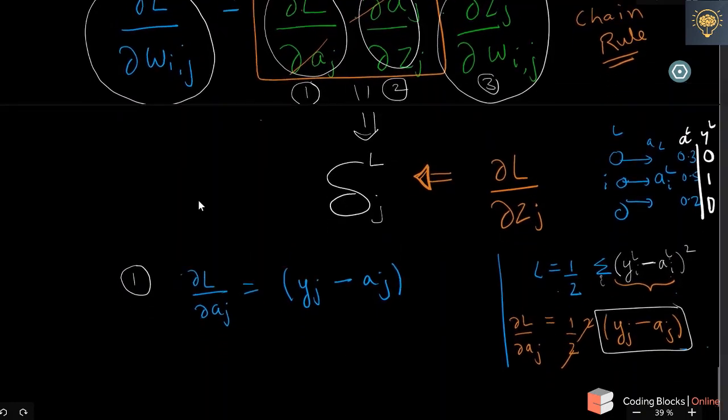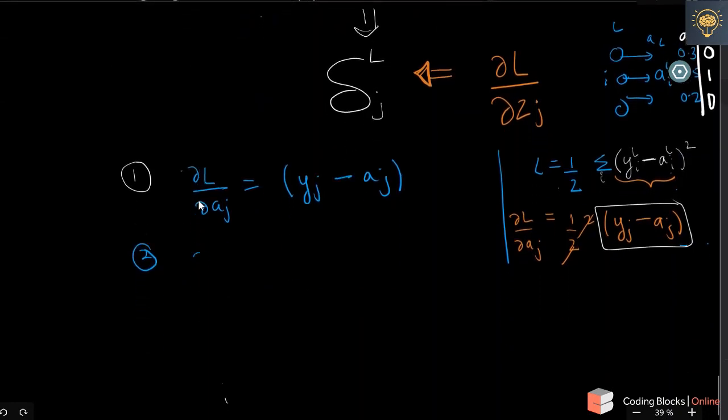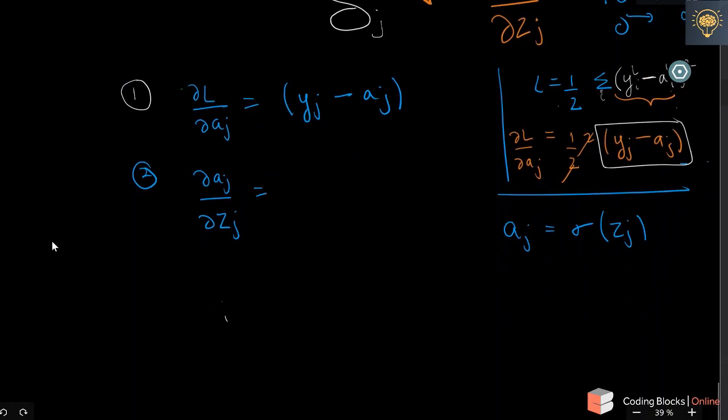Then let us talk about the second derivative, which is del of aj with respect to del of zj. So aj is a sigmoid function of zj, or let's say it is some other activation function. So this derivative with respect to z is going to be sigma dash of zj.